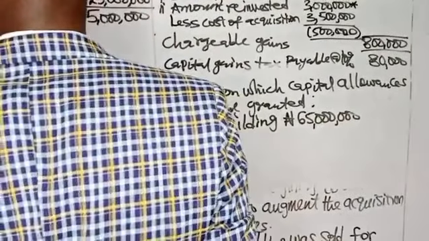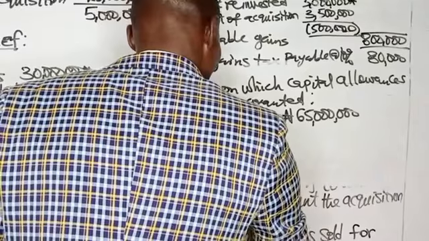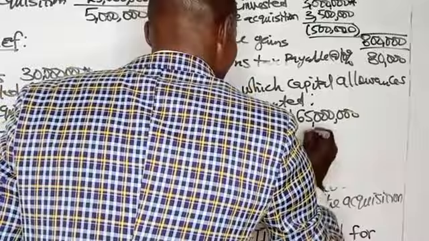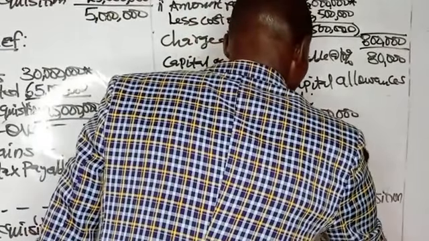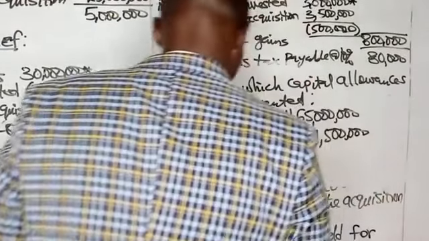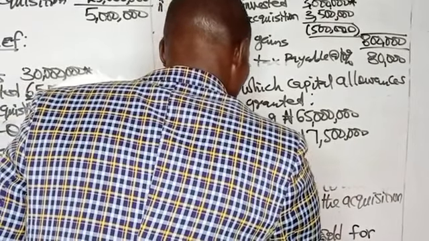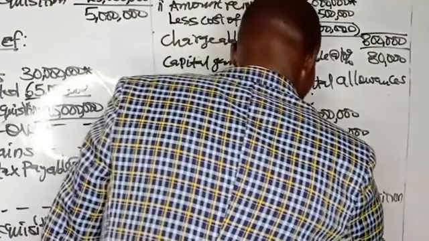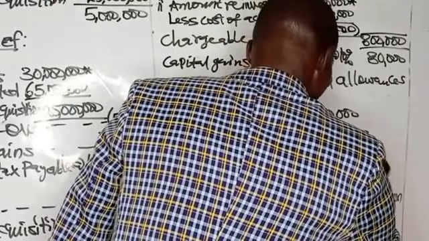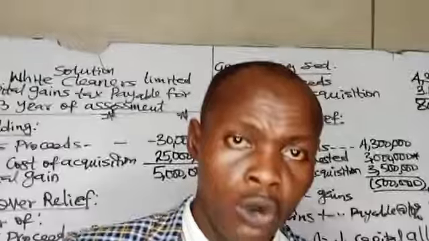For equipment, sum reinvested is 7.5 million. For generating set, we have 3 million. That is the solution to the question.